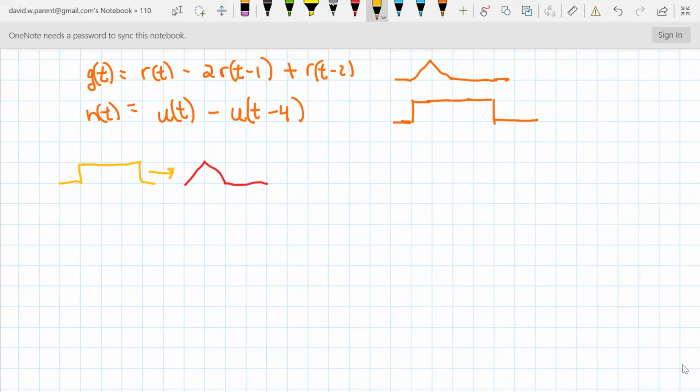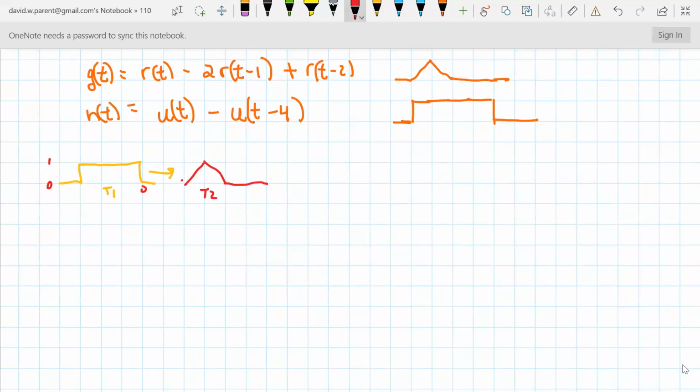First thing I notice in this particular example, one starts at 0, ends at 0, the other starts at 0, goes up to 1, and ends at 0.